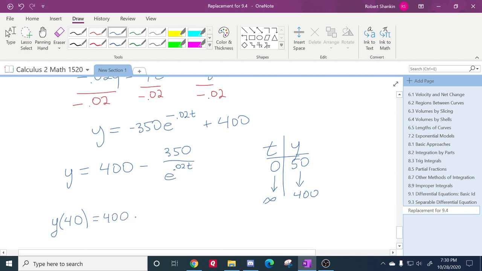And we just put in 40, and then when we punch that out on a calculator, we get 242.7, approximately that many pounds.